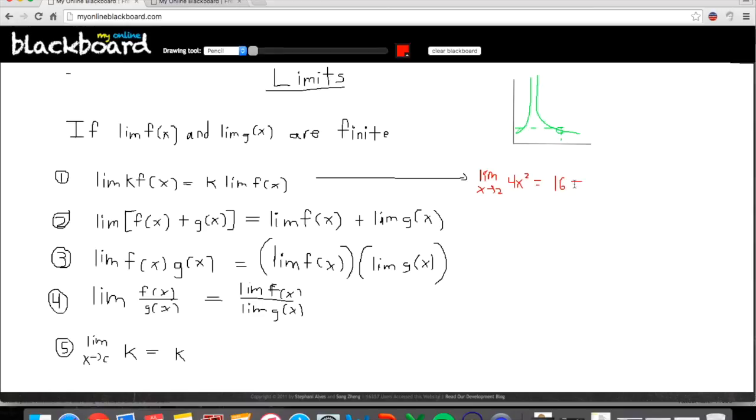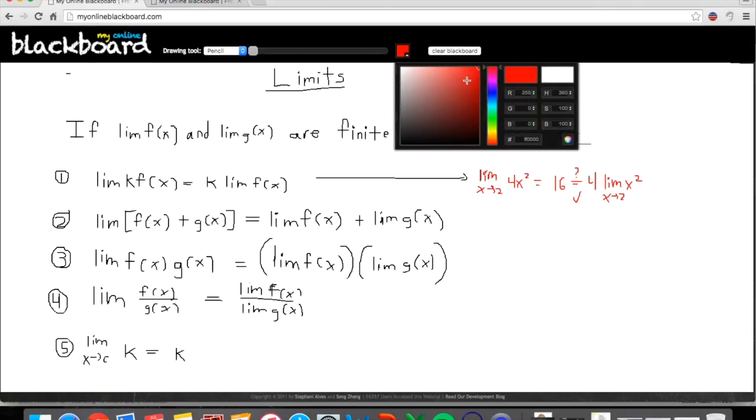Now the question is, is this equal to, so I'm going to put an equal sign and a question mark, 4 multiplied by the limit of x squared. And as you'll see, the answer is very clearly yes. So here, let's put x as it approaches 2. When we put this in, 2 squared is 4, and then we multiply 4 times 4 and we get 16. So we can check that off. And that's the first theorem.